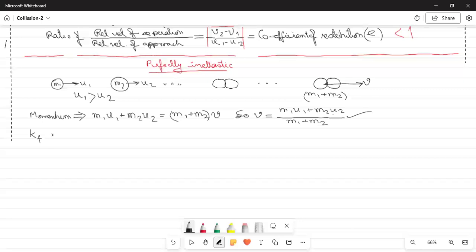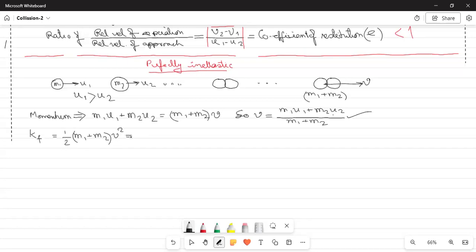The final kinetic energy K is half M1 plus M2 v square.